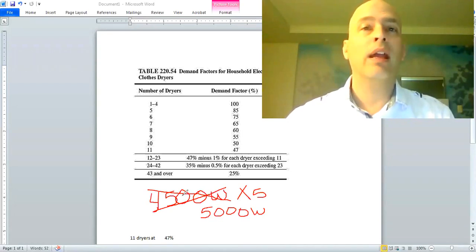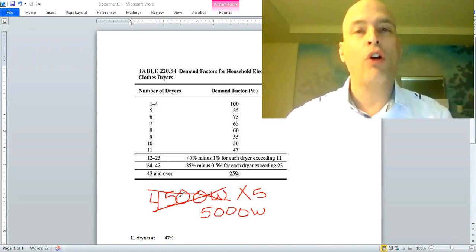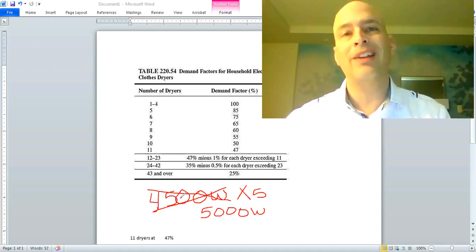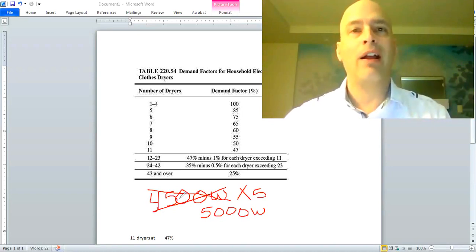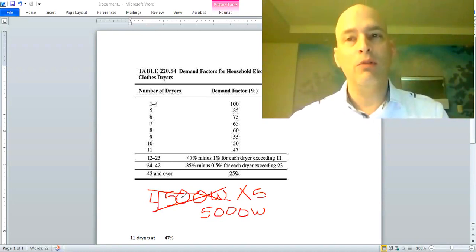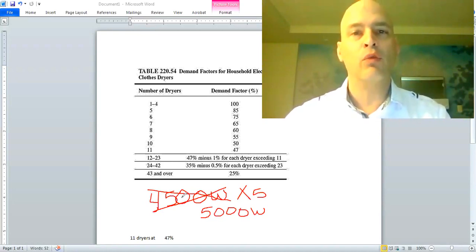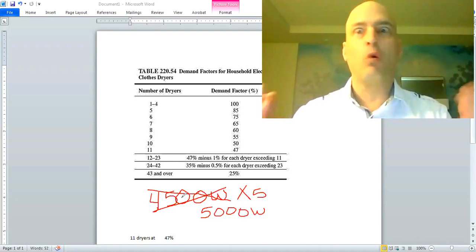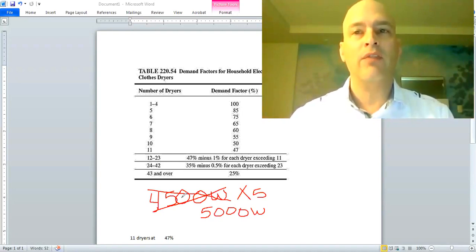Now, granted, I have a hard time understanding why this table has so many dryers listed on it, because I can't imagine too many circumstances where you would see 41 dryers all on the same set of feeders.